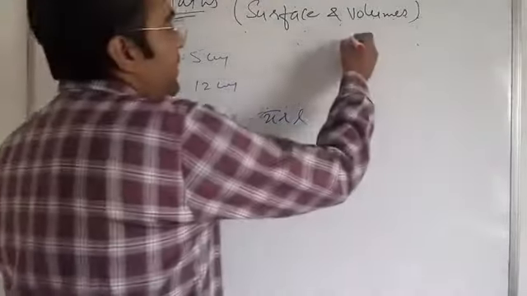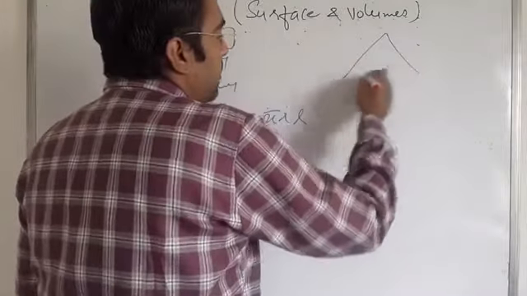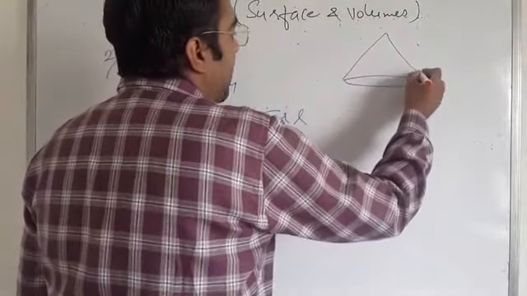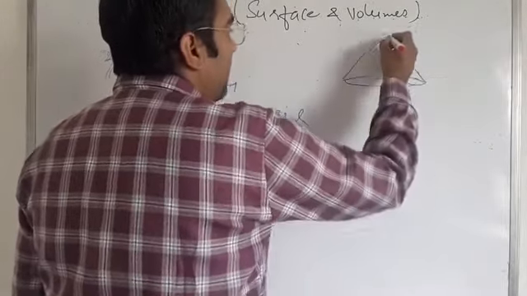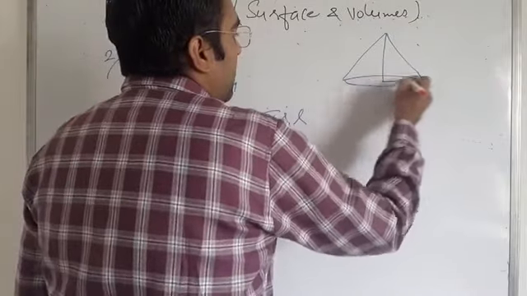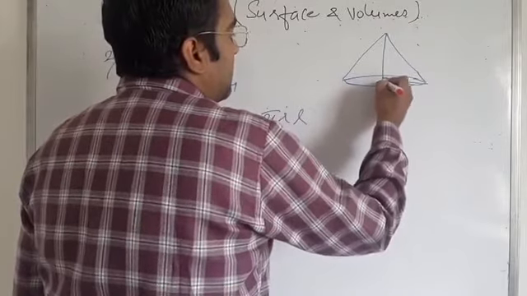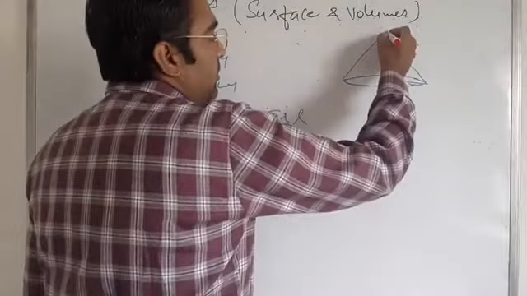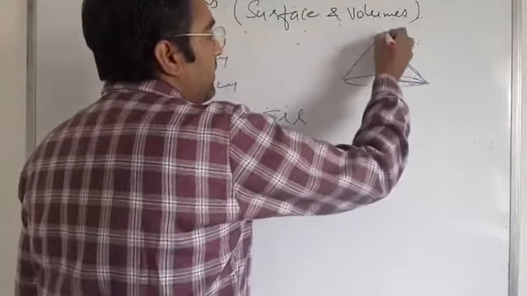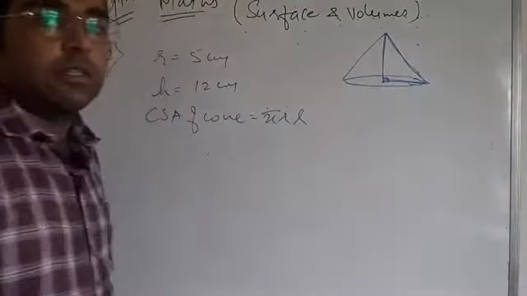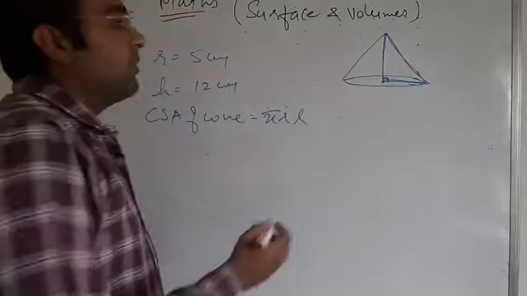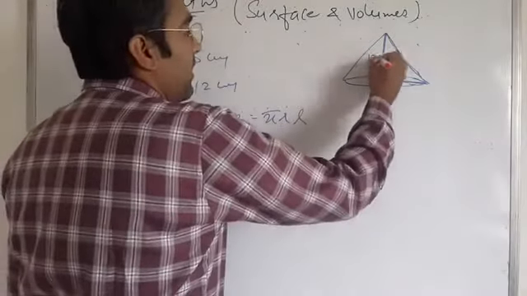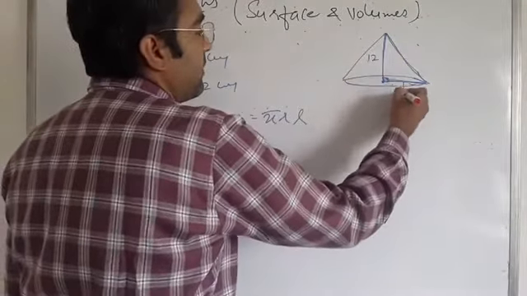We know that in the cone, radius and vertical height form a right angle at the center of the circle. So we can see a right angle triangle, with height 12 and radius 5.